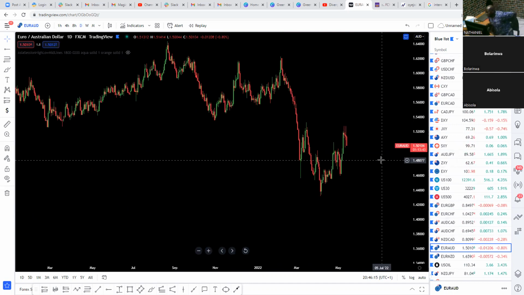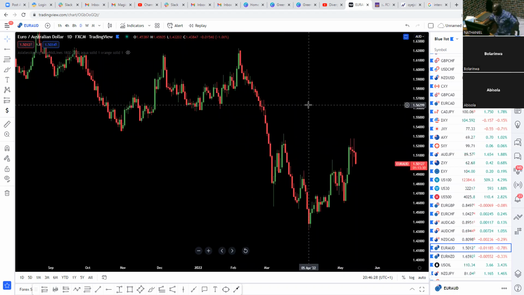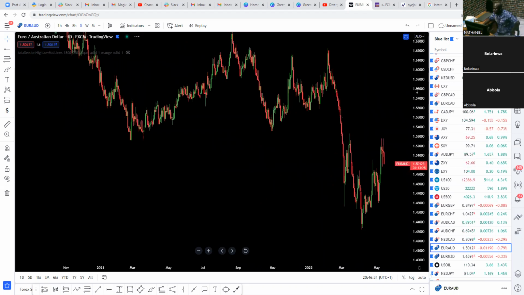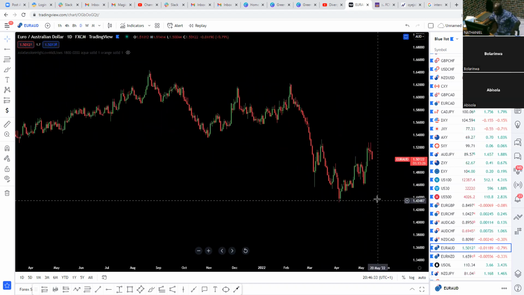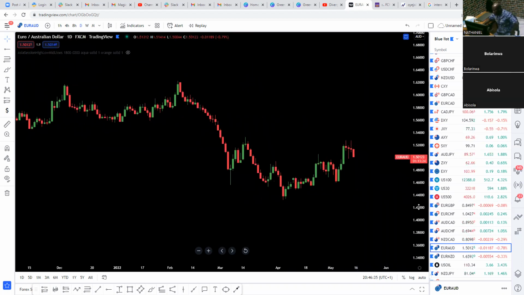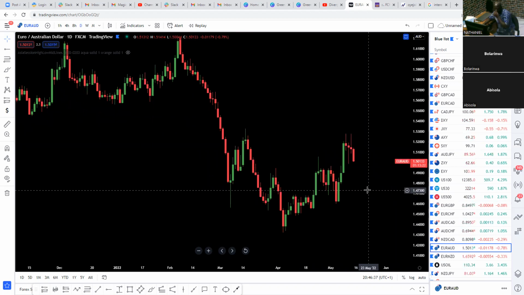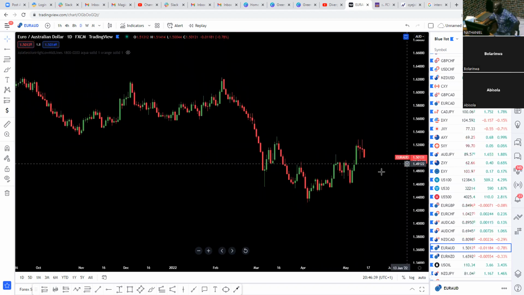It's very much attractive to buy against the euro. And so, because of that, what we have to do is to look for sell opportunity in Euro AUD. But do you know that even at the price level that we sold, it's just because we knew the direction. Otherwise, it has not pulled up enough.